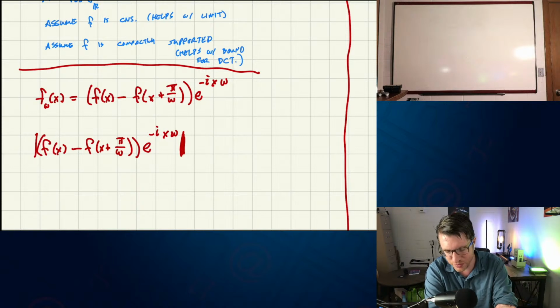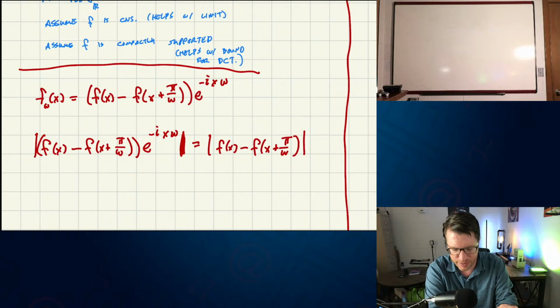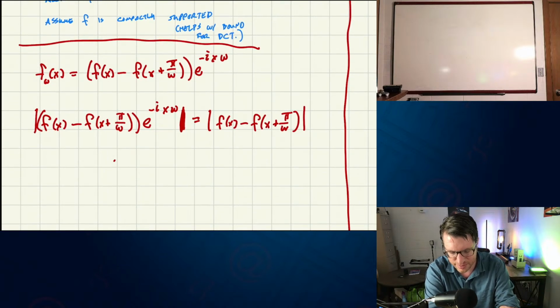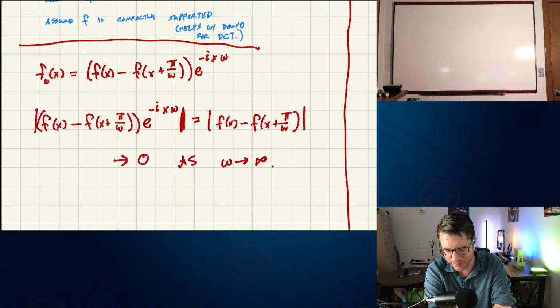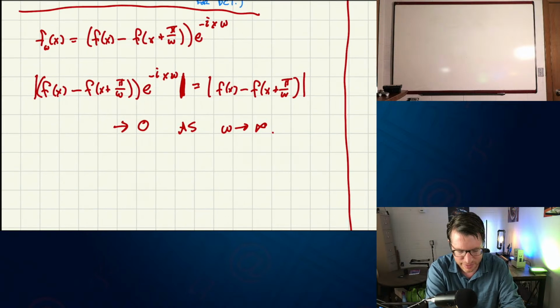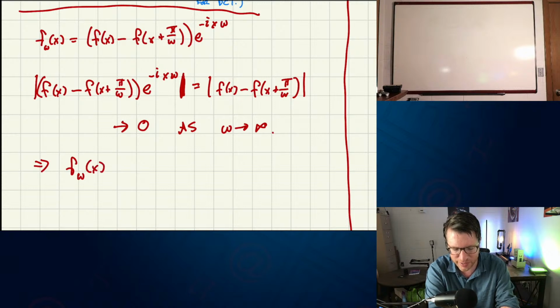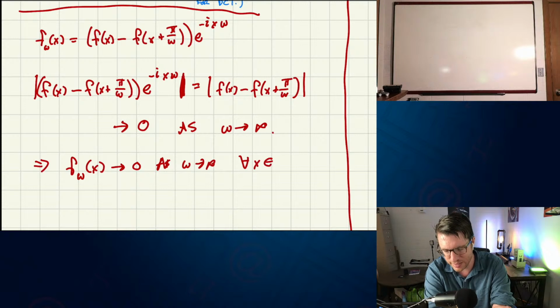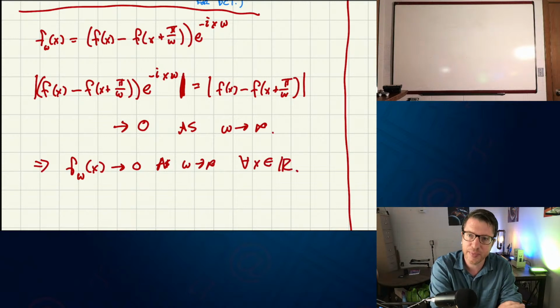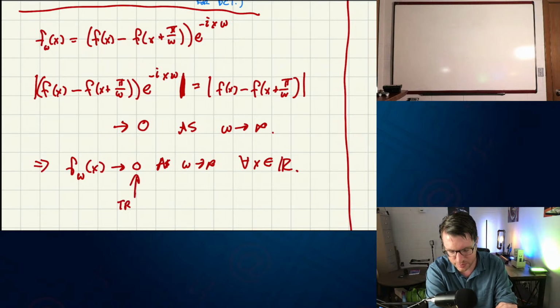So what I'm going to do is take the absolute value of this, which is just equal to this. And then this goes to 0 as omega goes to infinity, which is really just saying f sub omega of x goes to 0 as omega goes to infinity, for all x in the reals. Okay, so that gives us our target for convergence.